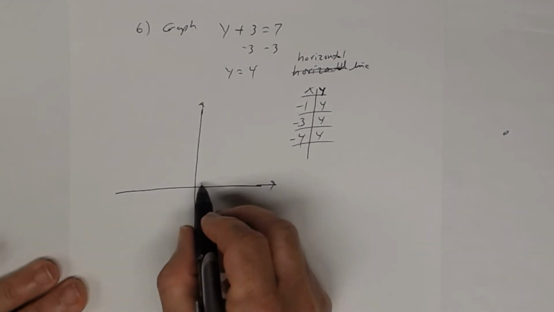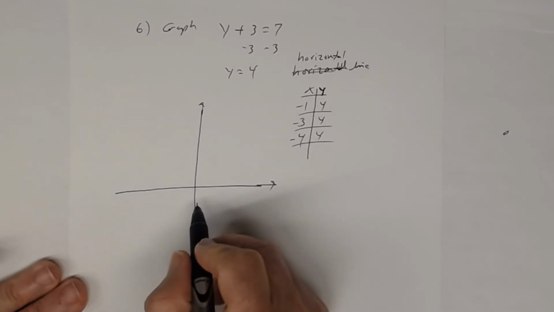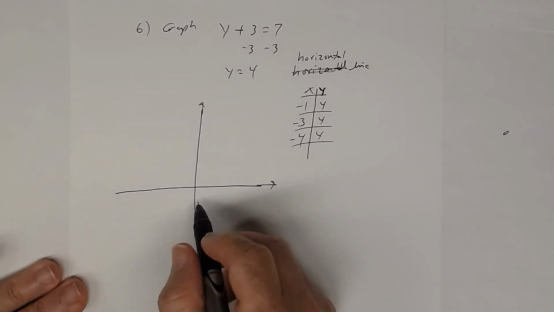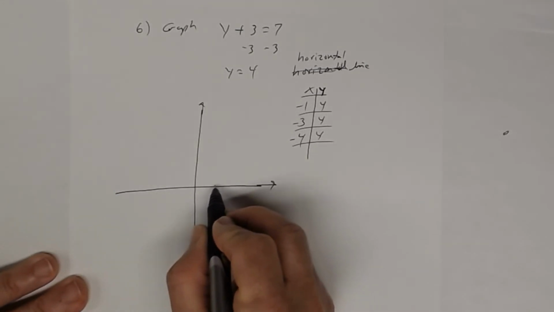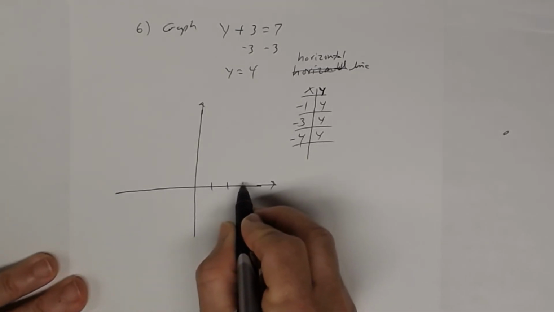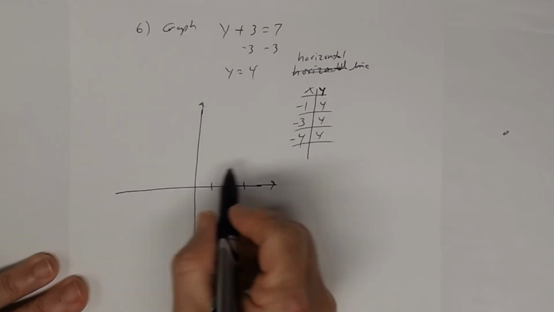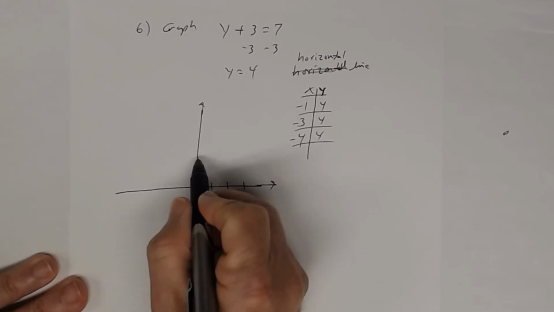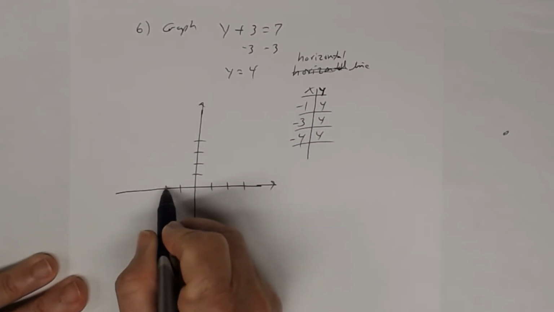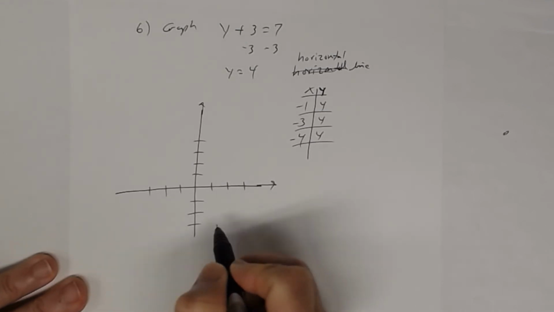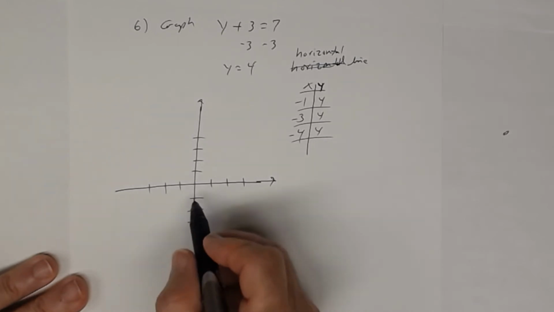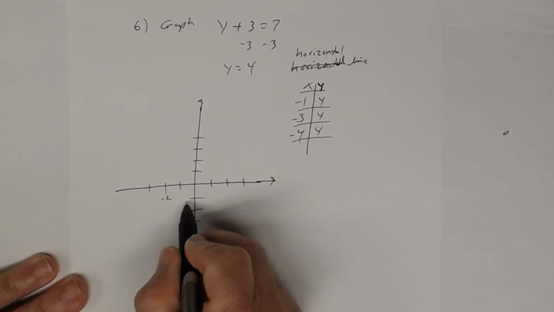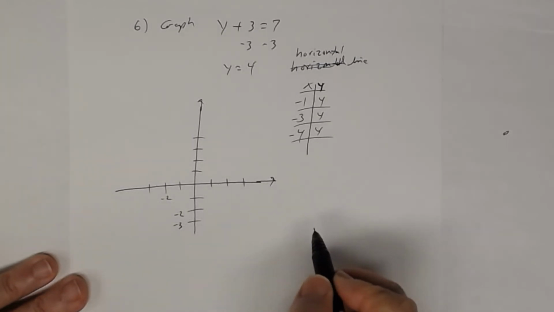All right. Now, for some of those, I didn't do a good job either, but I'm trying to stay within the time period here. Okay, so 1, 2, 3. Y is 4, so I'm going to go up 4. 1, 2, 3, 4. And when I say 1, 2, 3, I should have said -1, -2, -3, right? And then -1, -2, -3 down here.